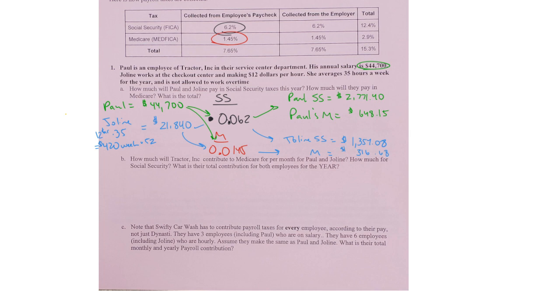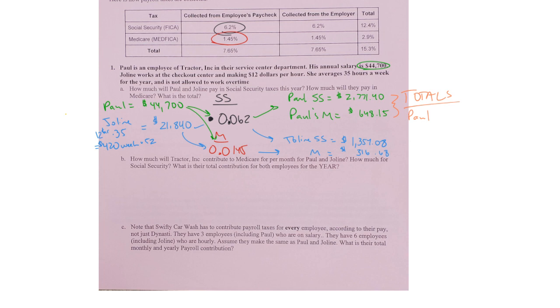All right. So now we're going to figure out a total. Now, because we're talking about employees, we're going to be employee specific. If I was talking about how much the company, then I would do a total a little bit different. So all I care about for Paul's total is I'm going to do $2,771.40.